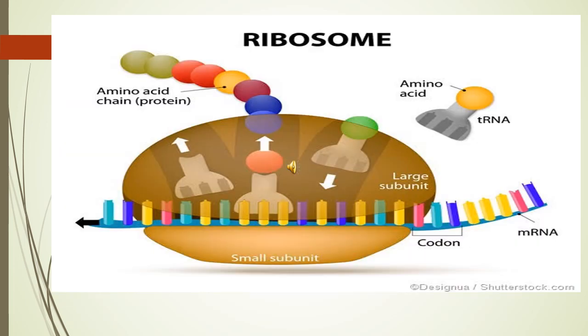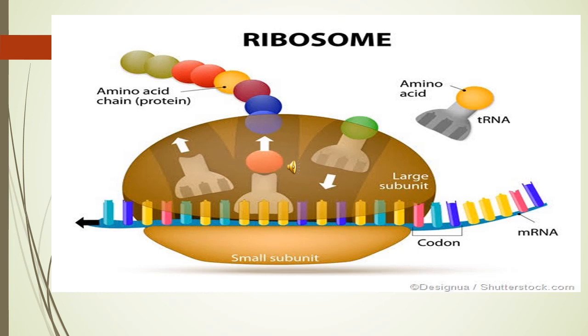Look at the picture. Ribosome. Ribosomes are minute particles consisting of RNA and associated proteins that function to synthesize protein. RNA means ribonucleic acid, and the main function of ribosomes is protein synthesis, the production of protein. Proteins are needed for many cellular functions such as repairing damage or directing chemical processes.